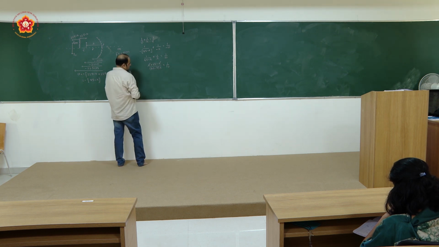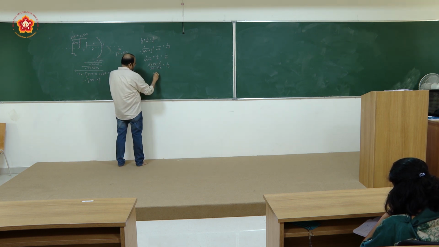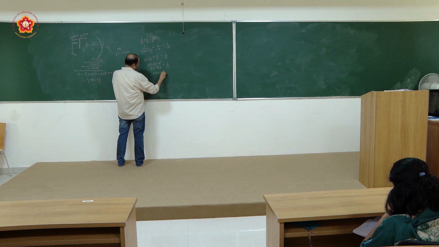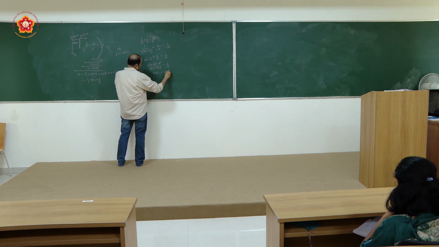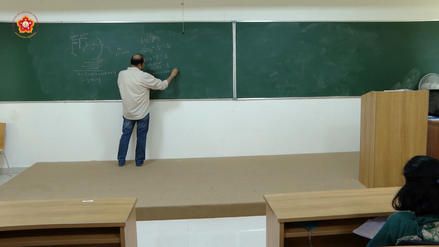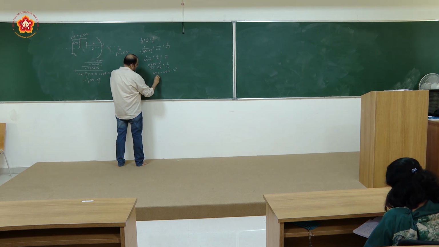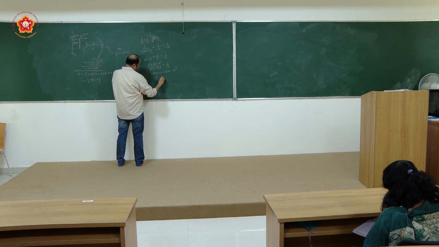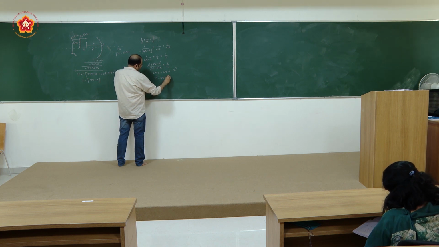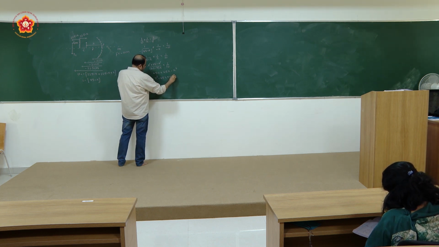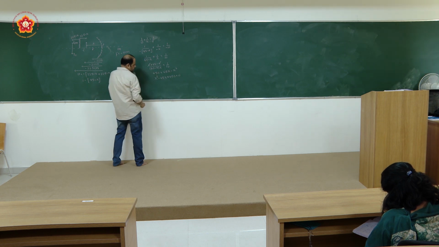Factor x is getting cancelled here. So you will be having 450 is equal to 45x minus x square. So you are getting a quadratic equation, x square minus 45x plus 450 is equal to 0.